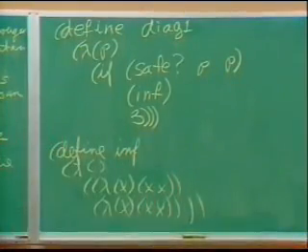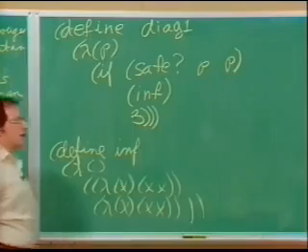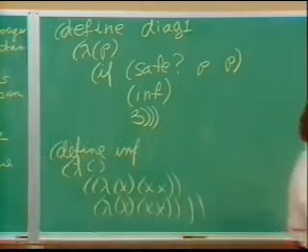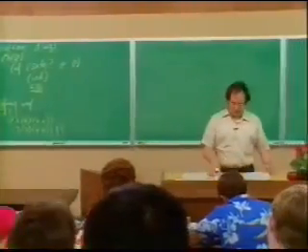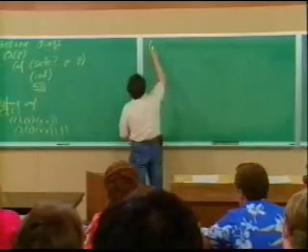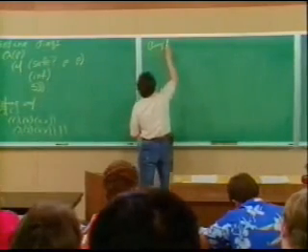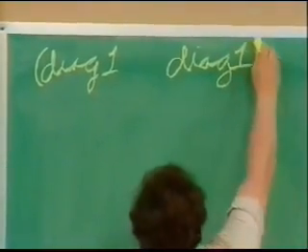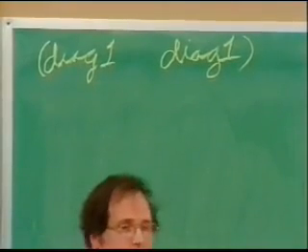Okay? Well, let's see what the story is. I'm supposing it's the case that we worry about the procedure called diag 1 applied to diag 1. Well, what could it possibly be? Well, I don't know.